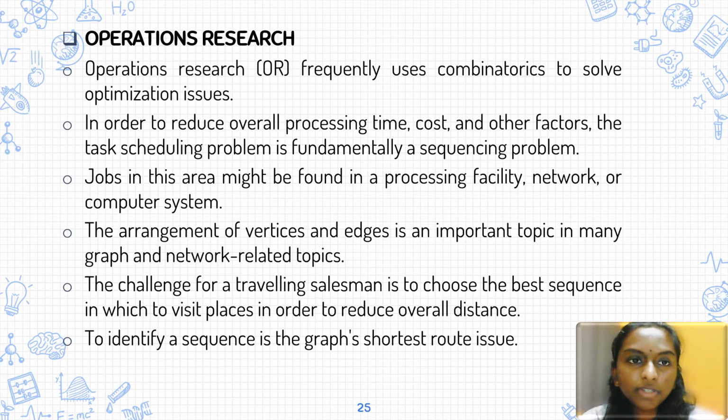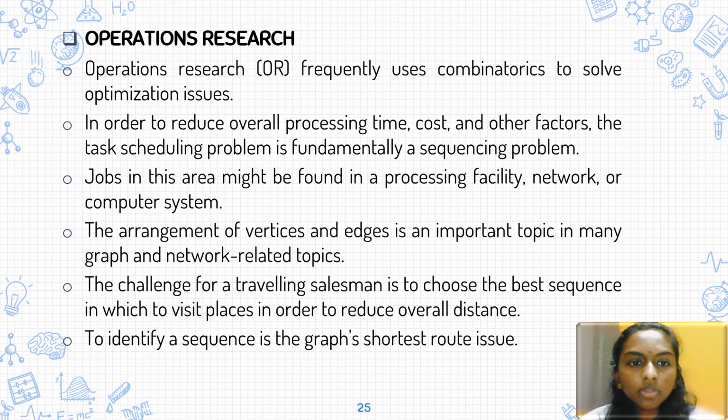Next is operations research. Operations research frequently uses combinatorics to solve optimization issues. In order to reduce overall processing time, cost, and other factors, the task scheduling problem is fundamentally a sequencing problem. Jobs in this area might be found in a processing facility, network, or computer system.